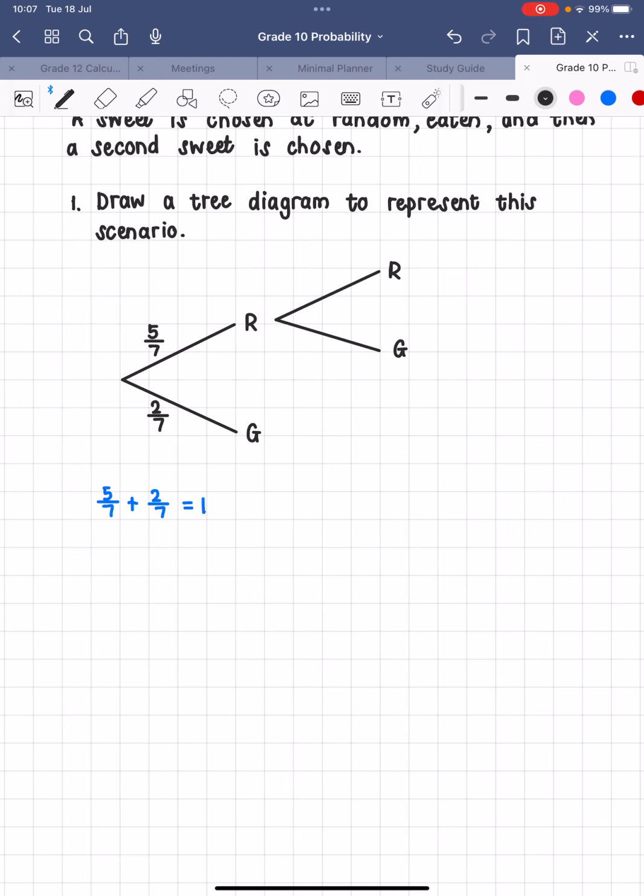So this is another combined outcome. First sweet red, second sweet green. Or if your first sweet that you drew was a green one, the second one can be red. Right? So that is the third combined outcome. First sweet green, second sweet red. Or both sweets that you are drawing from this bag could be green.